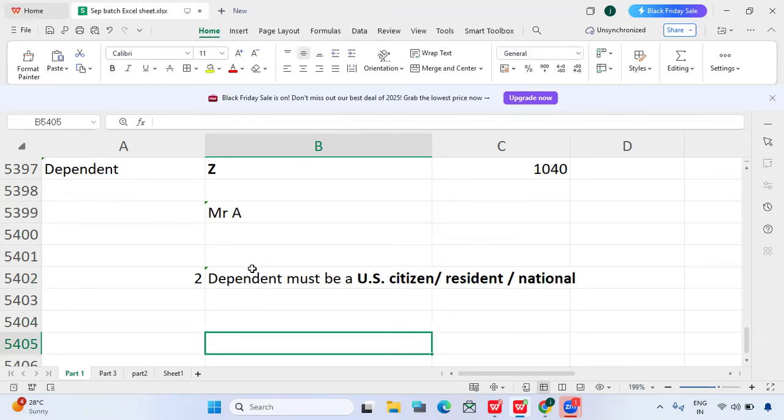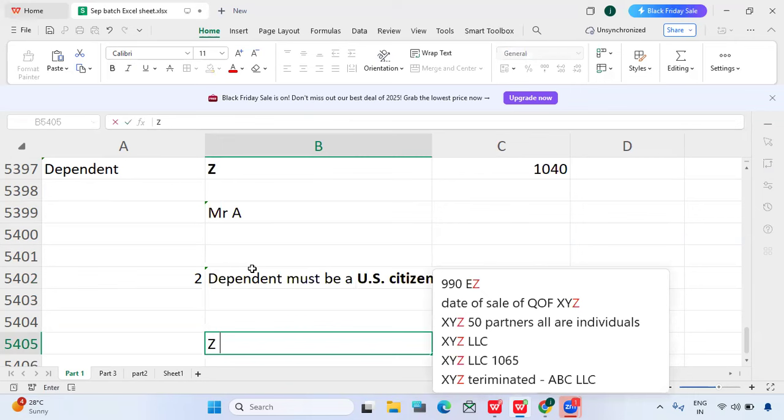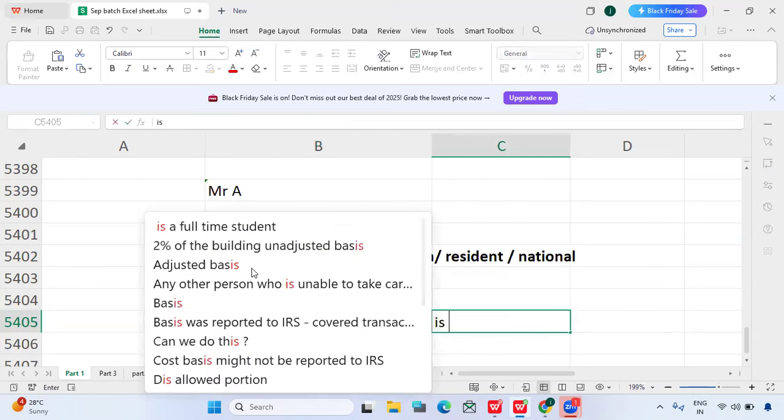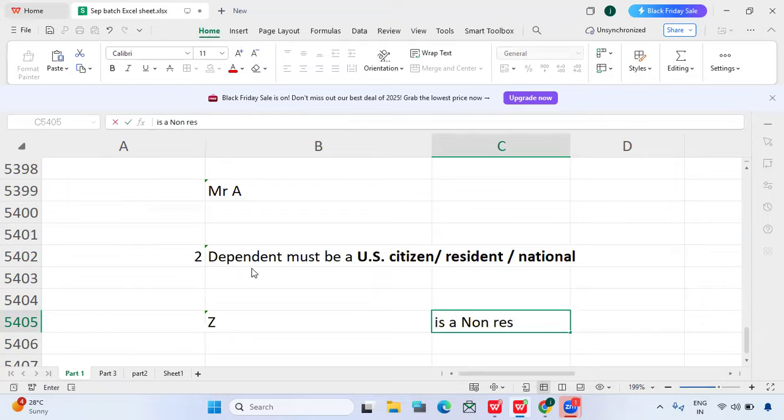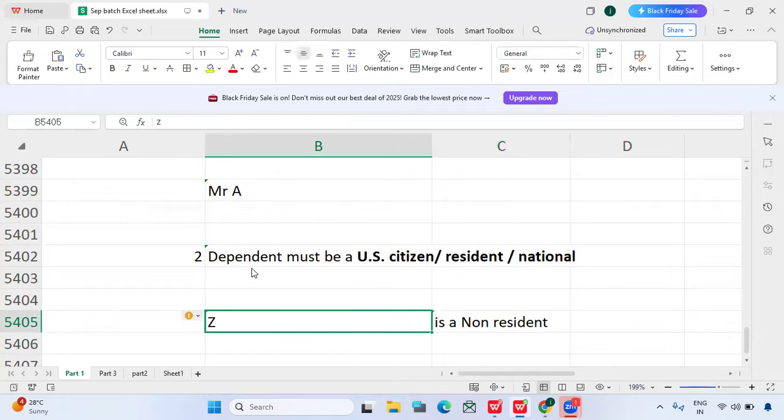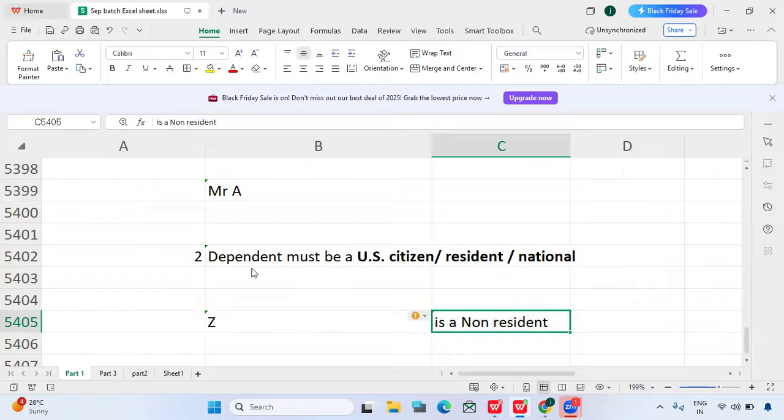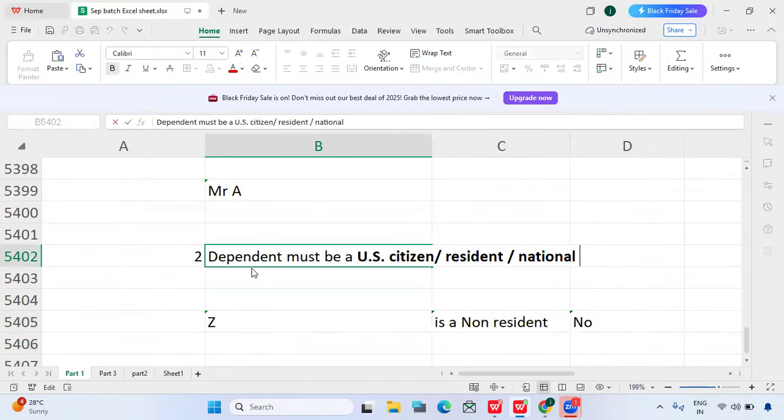Let's say Z in the above example is a non-resident. We know who is a resident and who is a non-resident, right? So Z is a non-resident. Can we consider Z as a dependent? The answer is no. He should be a US citizen, or a US resident, or a US national, then we can consider the person as a dependent.